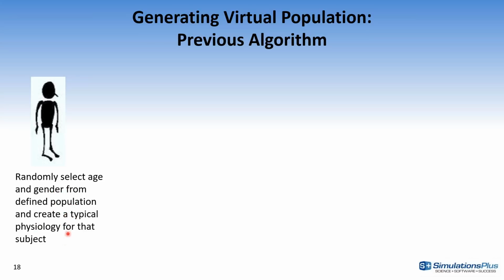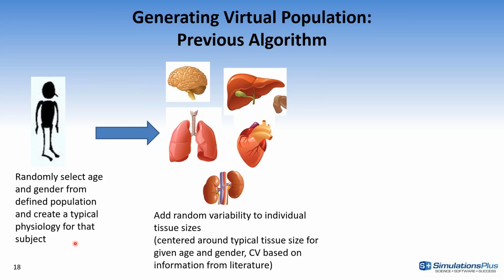And it would create a typical physiology for that subject. In the next step, we would add a random variability to each individual tissue size in that typical subject. We call it random variability, but it was not completely random, because that selection or the distribution of the sizes of the tissues was always centered around the typical size for the subject of that specific age and gender.